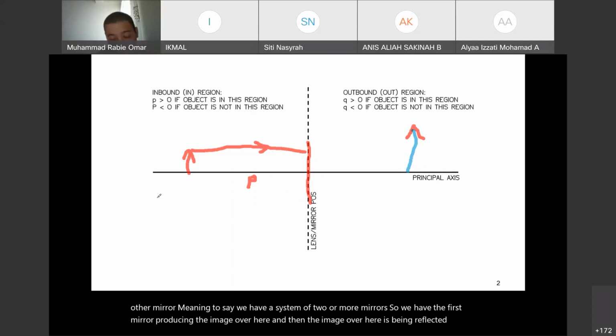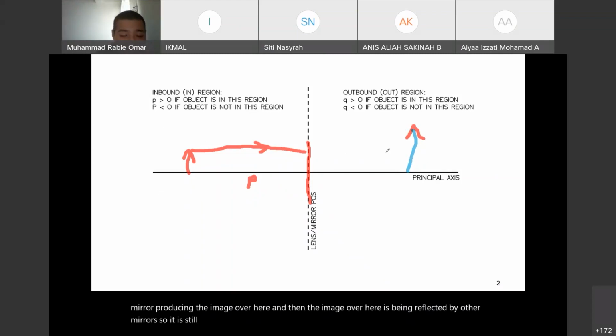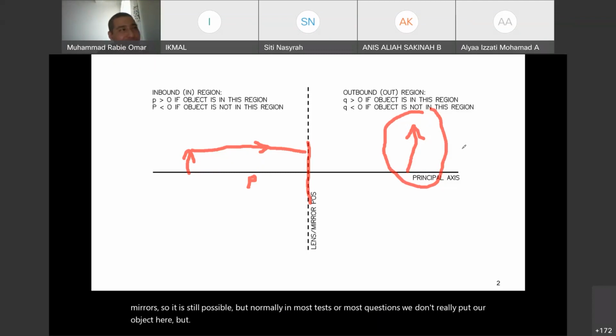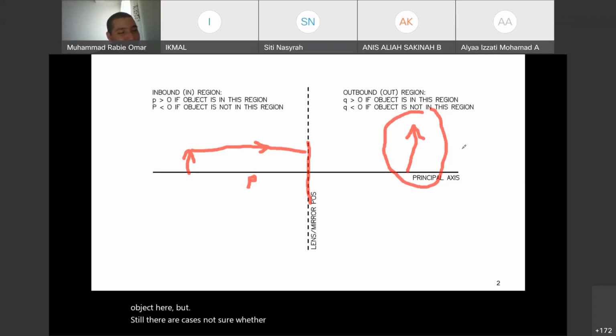So it is still possible, but in most tests or questions, we don't really put our object here. But still there are cases. I'm not sure whether we had that in our previous past-year questions. So the object should be here.